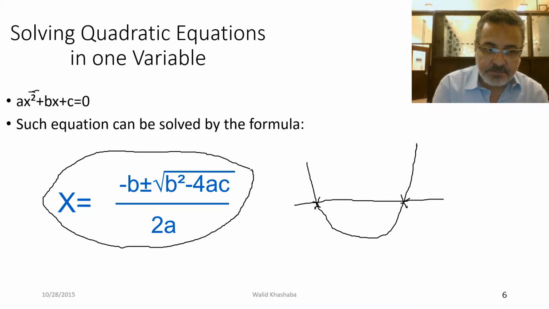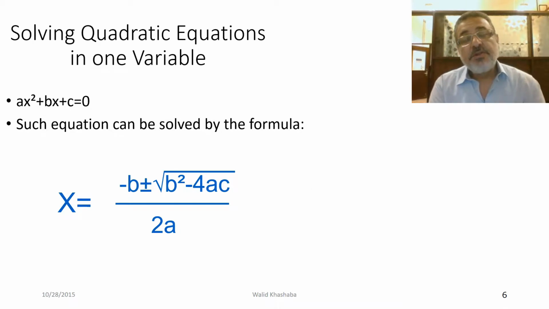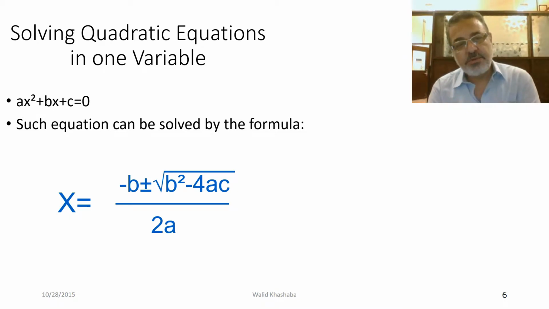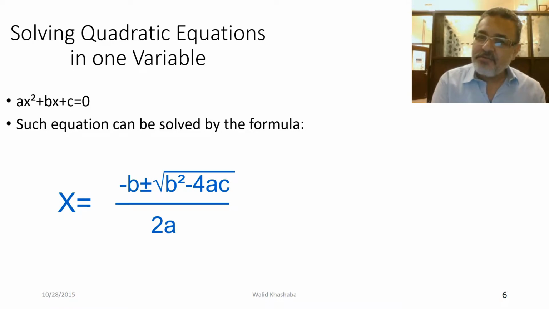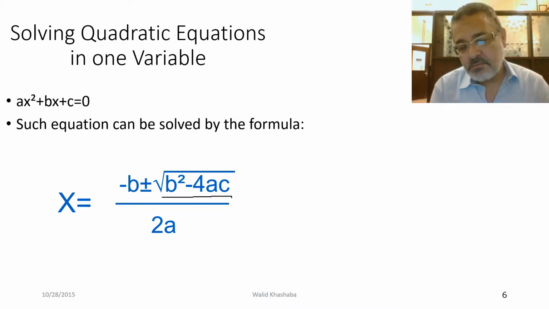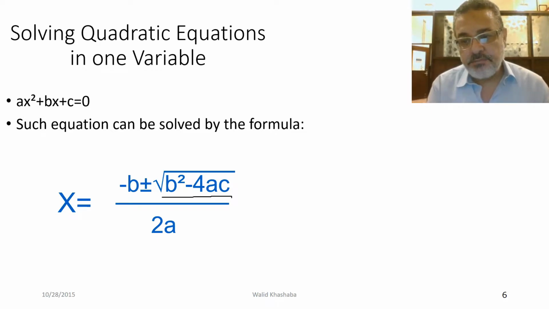It means it has two solutions. These two solutions can be found using this formula. The first one will be negative b plus the square root, and the second one will be negative b minus the square root. And the value under the root, we call it the discriminant or the determinant, discriminant in some books and determinant in many other books.